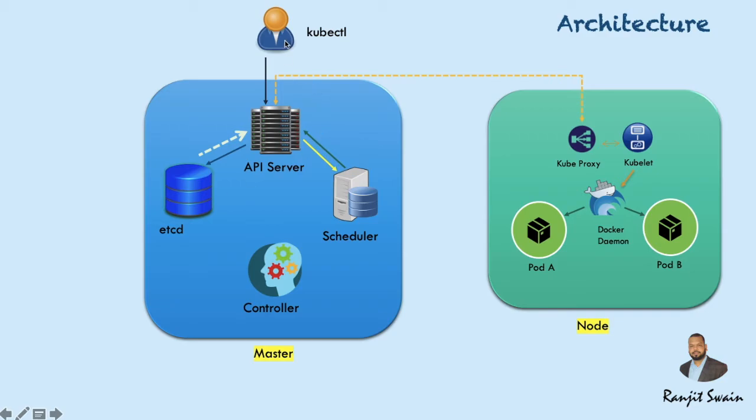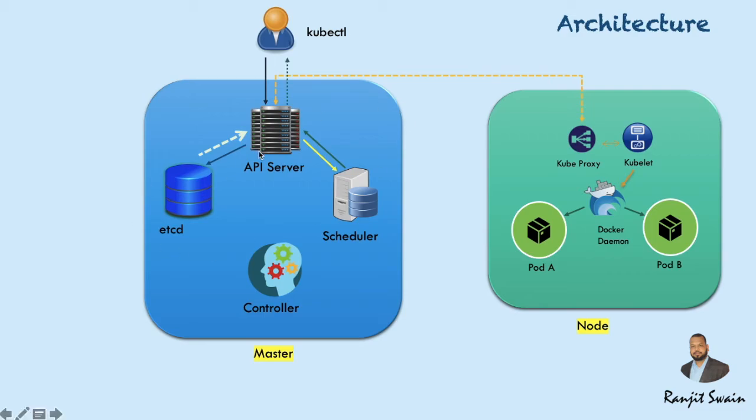So next time when the user sends a request again, it will fetch the information from the etcd database through the API server and send the information back to the user. Now this is the entire pod creation workflow. Okay, when a request comes through kubectl from the user, this is how the pod gets created.